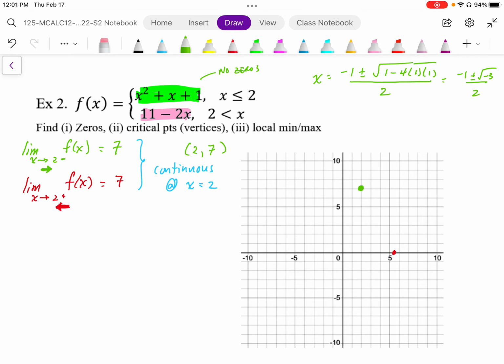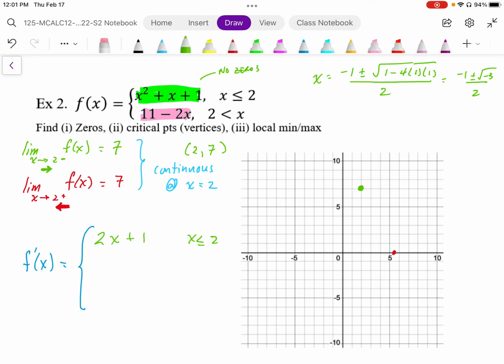Now I want to look for min and max points, so I'm going to find my derivative. I'm going to calculate f prime, and I need f prime defined for the two different domains. So f prime of x is equal to, for my domain x less than or equal to 2, I differentiate that function to get 2x plus 1.